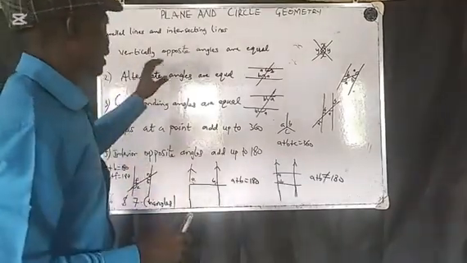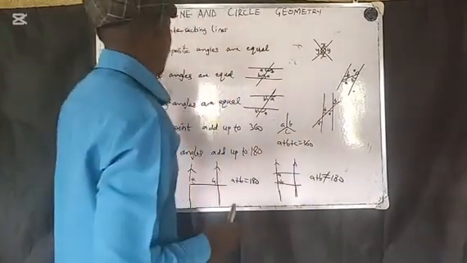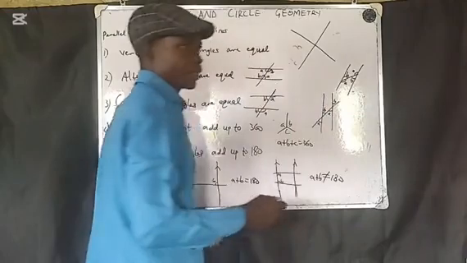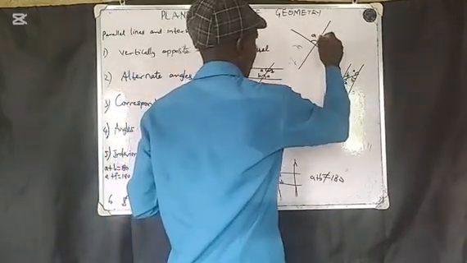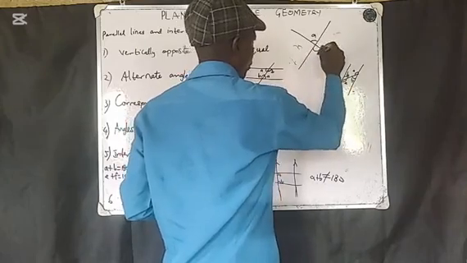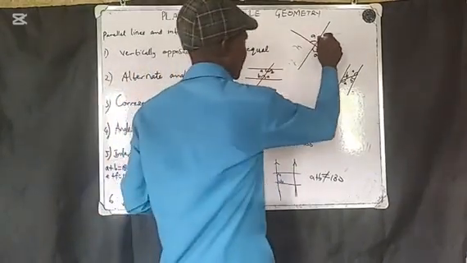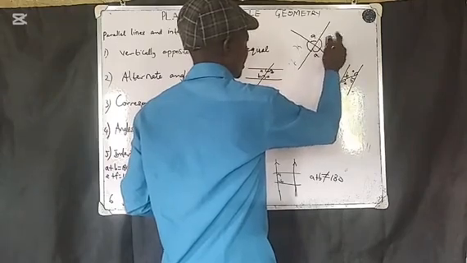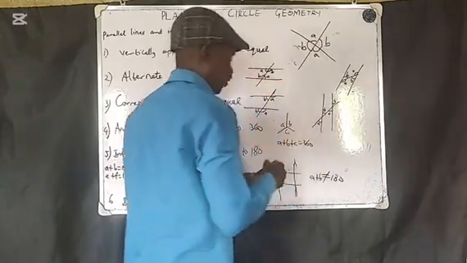is vertically opposite angles. Vertically opposite angles are equal. Something like this, like a scissors. If I have this place to be A, then opposite this A is going to be also A. If I have this place as B, opposite this B is going to be also B across.